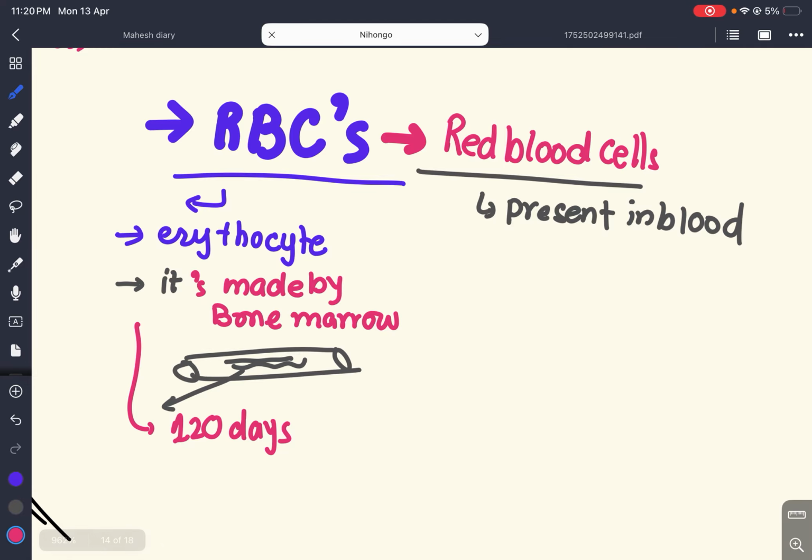So they have a lifespan of 120 days, and after 120 days they actually die, and the death happens in the liver, where hemoglobin is broken down and stuff like that happens. And it helps us release a yellowish green pigment, which later gives color to the bile. We'll study this later, but just extra information right now.